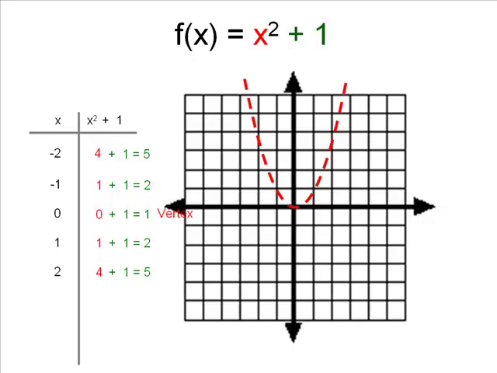Notice that we don't tamper with the x values. So we would be plotting negative 2, 5, negative 1, 2, 0, 1, 1, 2, and 2, 5. These are the coordinates for our new parabola, shifted up 1 unit from our old parabola, our parent function.